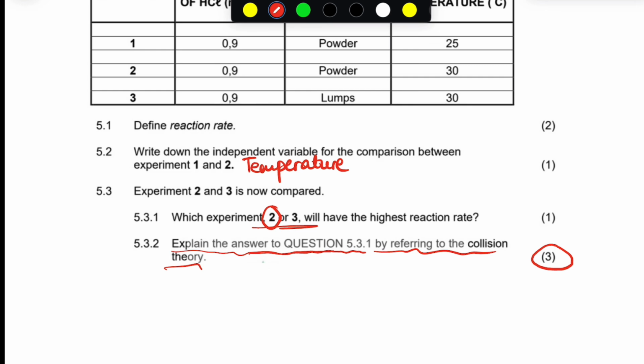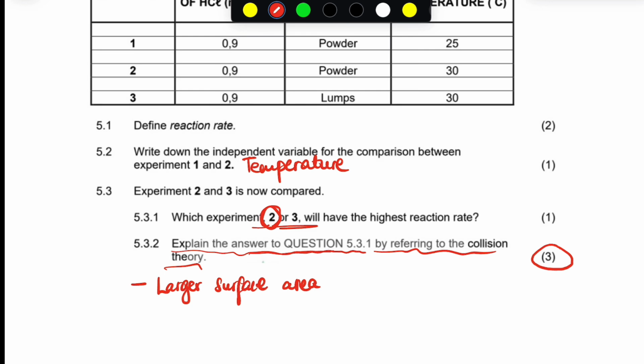You're going to talk about experiment 3. Why is it experiment 2? Why is it higher? It has a higher surface area. So point number 1, you'll say larger surface area, because experiment 2 has a larger surface area. That's the reason.